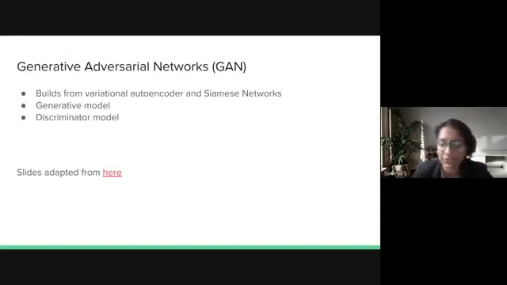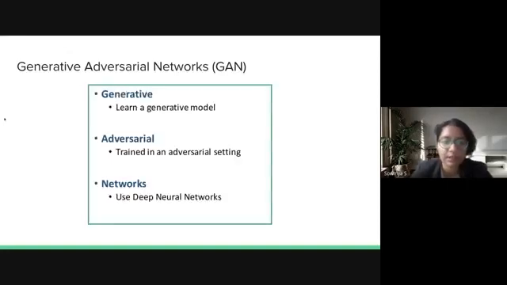So let's see how that works. In a generative adversarial network, the idea is that yes, we will be learning a generative model. However, we also want to guide it towards the task at hand, say classification. So, that is the adversarial part.